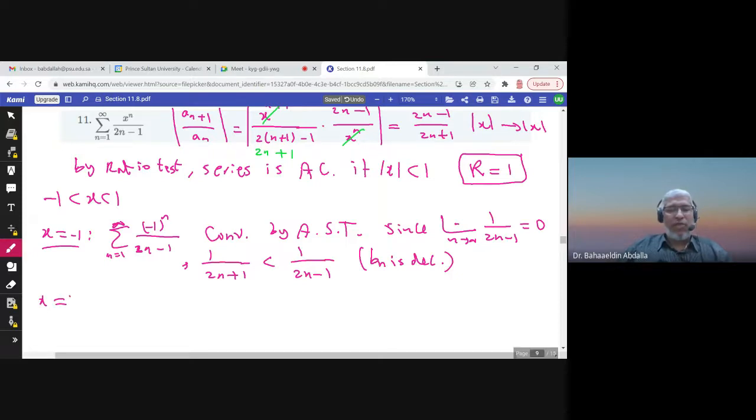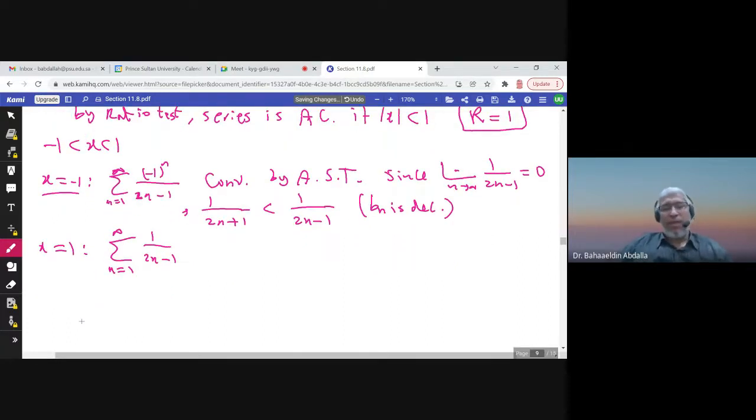While if x is 1, I'll have 1 to the power n, which is 1 over 2n minus 1. And this series, I will compare it with the series 1 over n, because this is the highest power, or 1 over 2n. Both are okay. This is the divergent harmonic series.